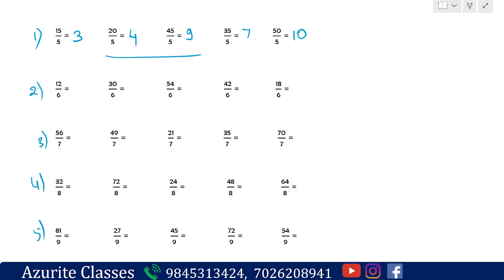How did you do? 20 by 5. Yes, 5 fours are 20. Very good. Next question. How did you do? Okay, good. So 5 nines, you should read it as, it will be easy. Okay, 5 nines are good.